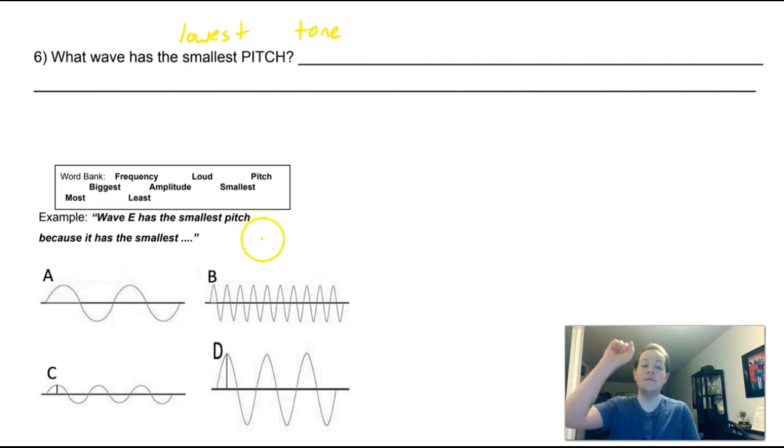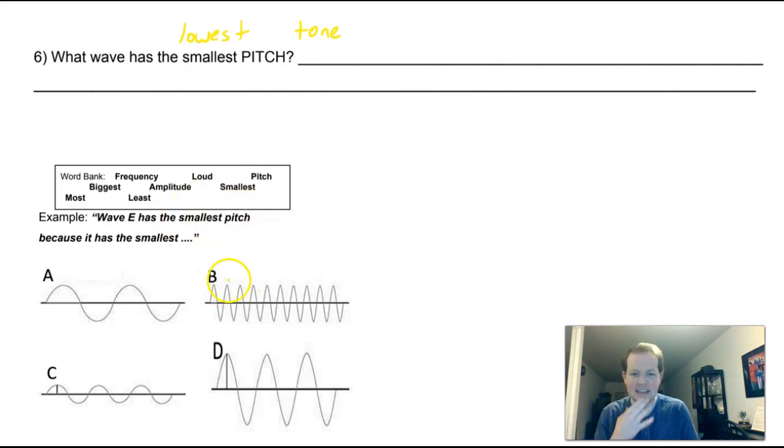Tone is based on frequency. If I want a small pitch, I want a low frequency. So like this? No, like this. Ooh, low and slow.